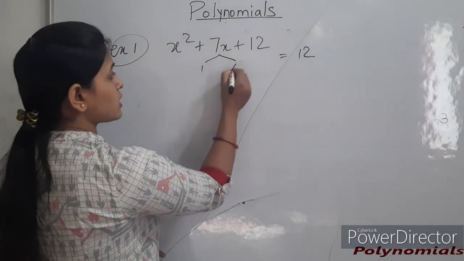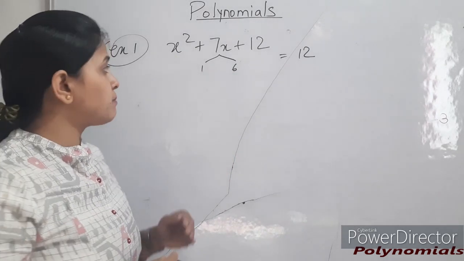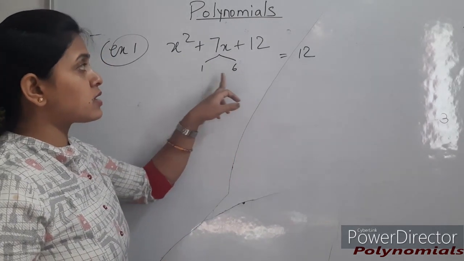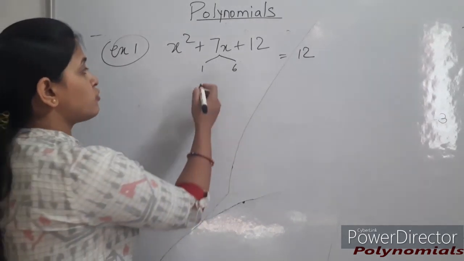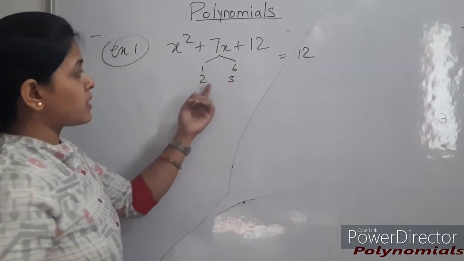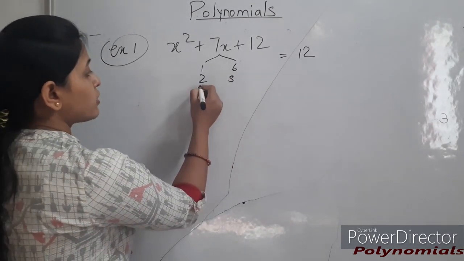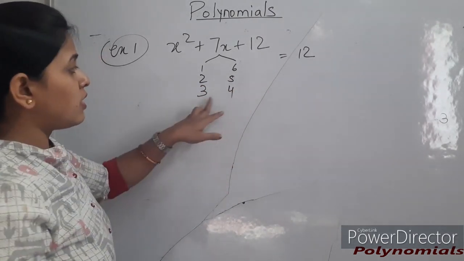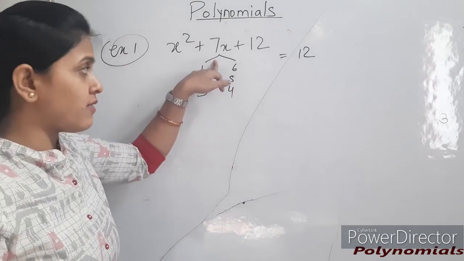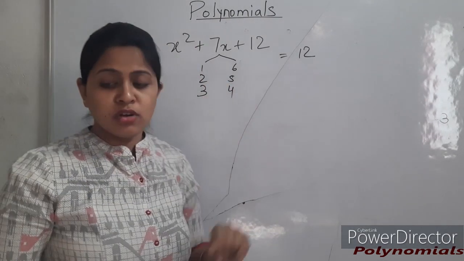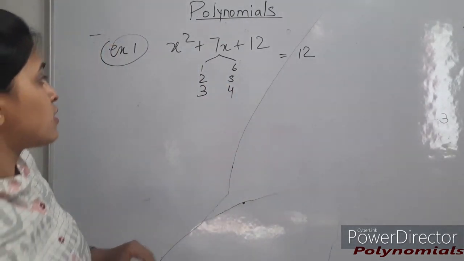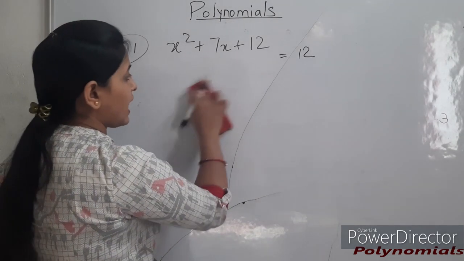If we split it into 1 and 6, 1 plus 6 is 7, but 1 into 6 is not equal to 12. If we split it into 2 and 5, 2 plus 5 is 7, but 2 into 5 is not equal to 12. If we split it into 3 and 4, 3 plus 4 is equal to 7 and 3 into 4 is equal to 12 also. So we take 3 and 4.